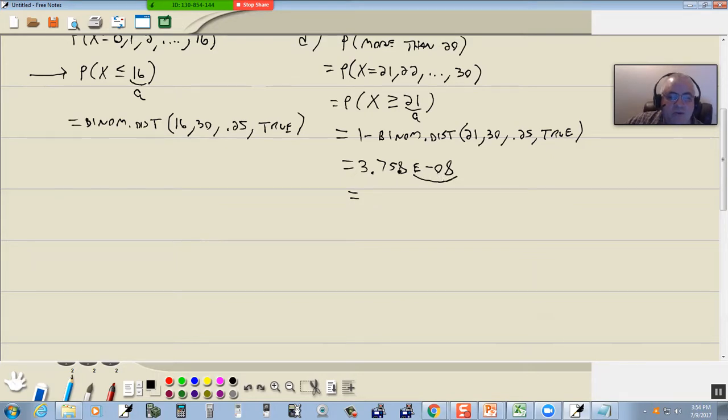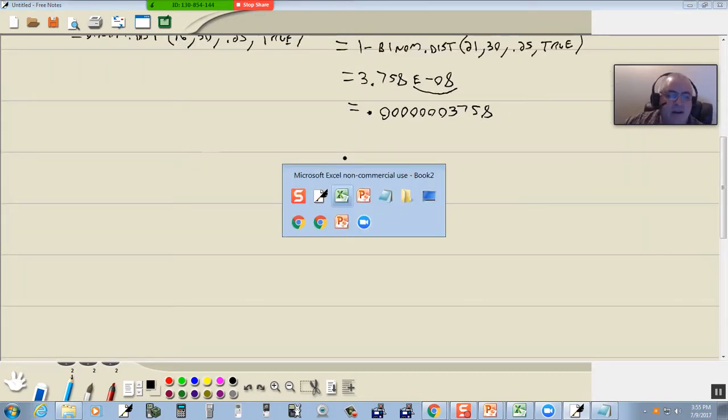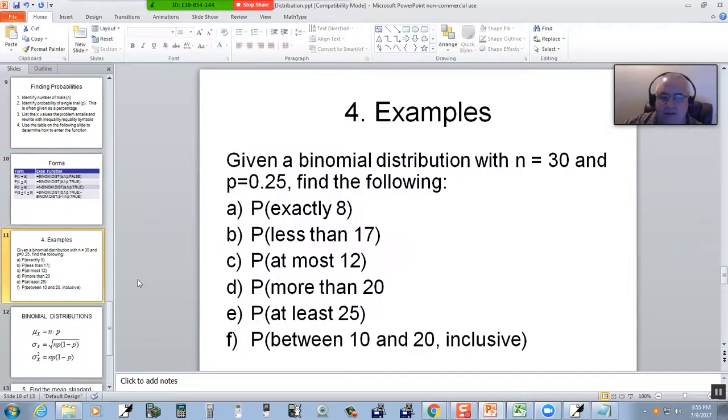This means you're going to move your decimal point 8 places to the left. So that'll be point 1, 2, 3, 4, 5, 6, 7, and then one of the decimal places is a 3. 758. Your probability has to be between 0 and 1. So you can't have probability of 3.8, for example. So something to keep in mind when you're working problems. Can't have negative probability. Now it won't work E, because that's another greater than or equal to.